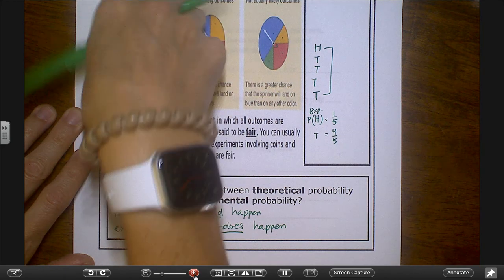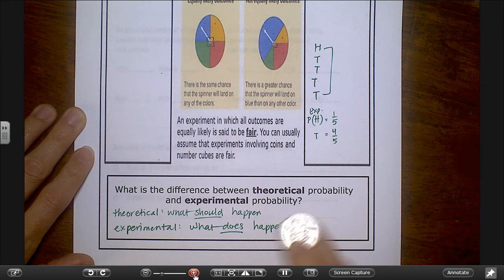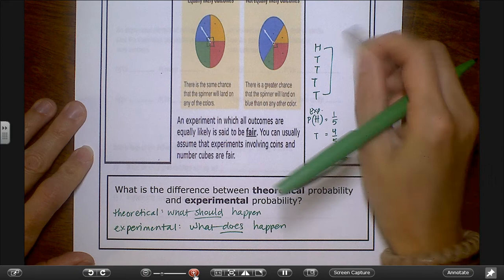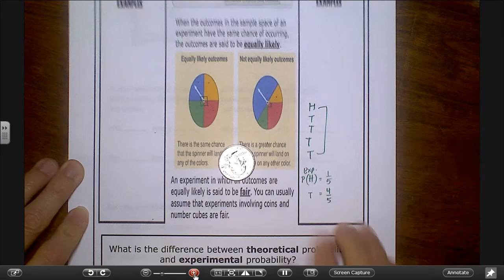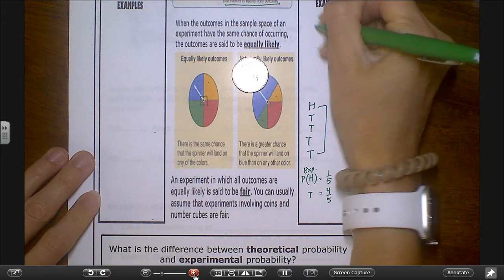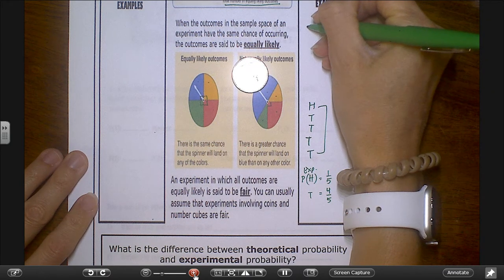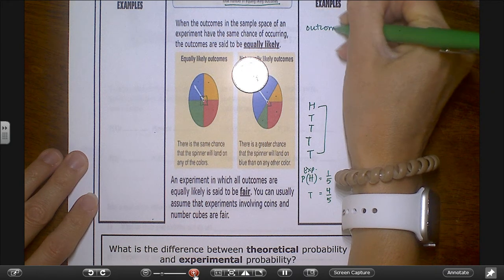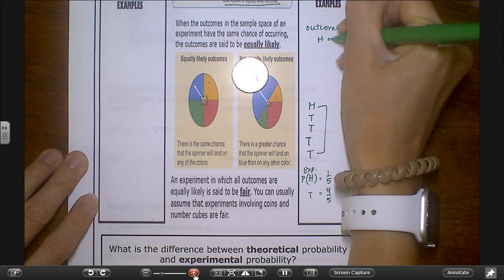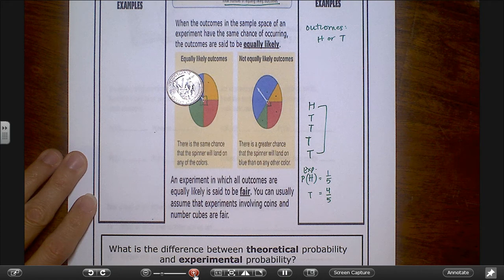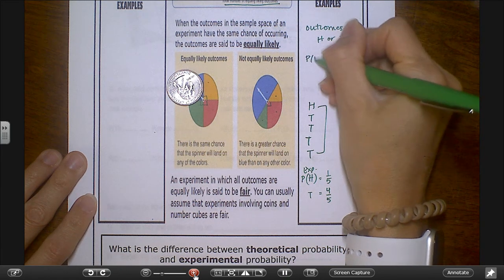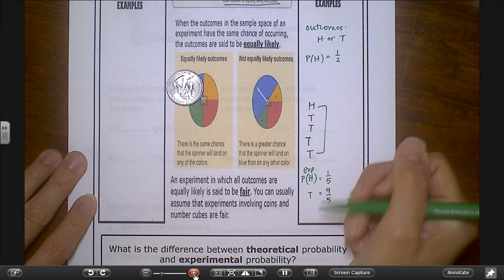But really, if you're looking at theoretical probability as the number of ways an event can occur, so if you're looking at a coin, my options or my equally likely outcomes are either heads or tails. And that's it. And so if it's a fair coin, you should be equally likely to land on one side or another. So the probability of heads should actually be 1/2, right?